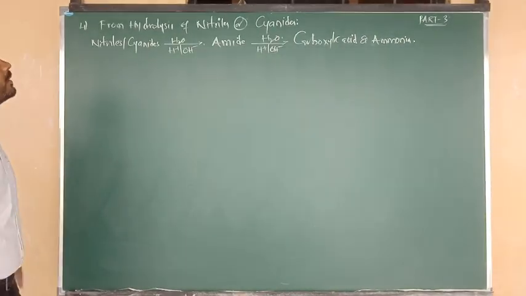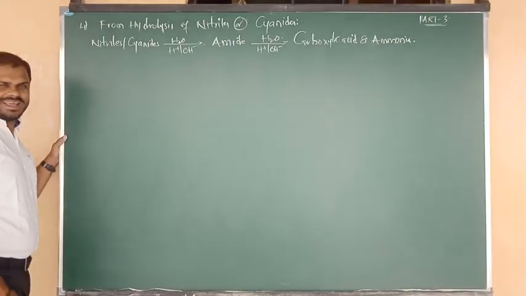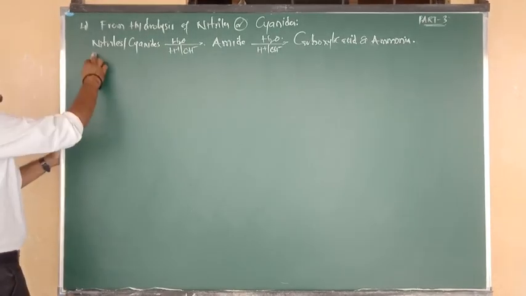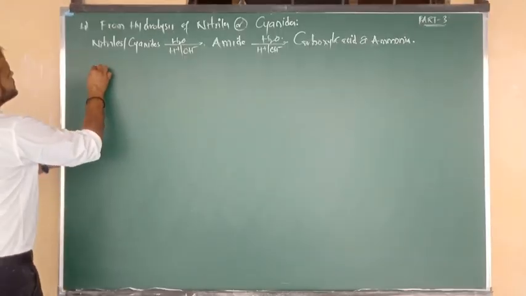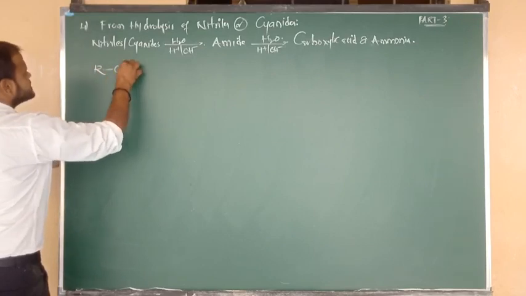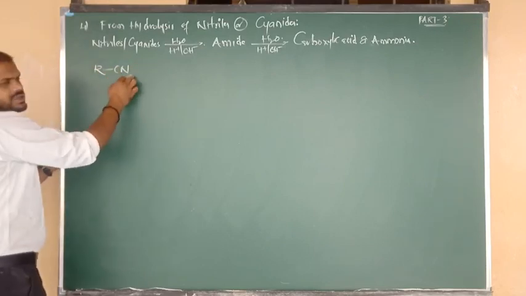Now I am going to show you the general equation. What is the general formula of nitriles or cyanides? The general formula is RCN, where CN is the functional group.